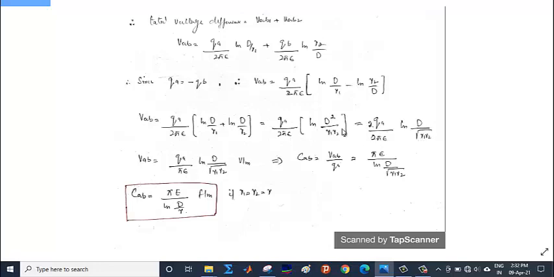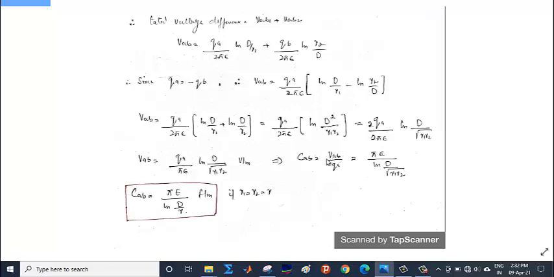So finally this 2 and this 2 will cancel out, and VAB will be equal to QA divided by pi epsilon ln of d by square root of r1 r2 volt per meter square, or CAB will be equal to, I have written the relation a little bit weird, it should have been QA divided by VAB.